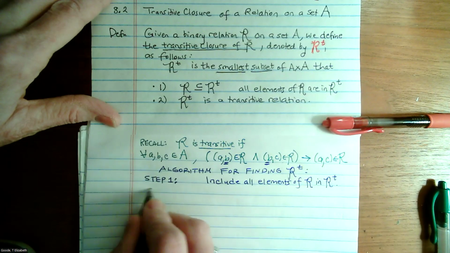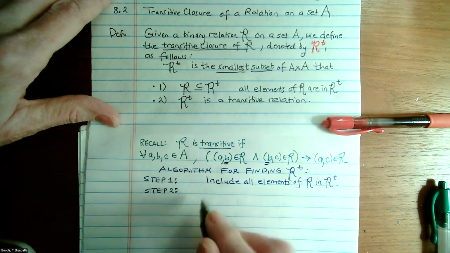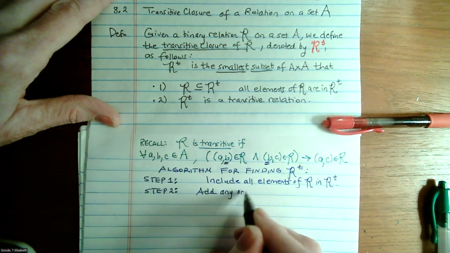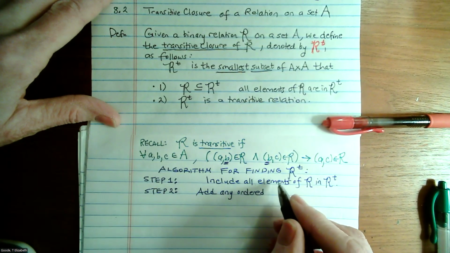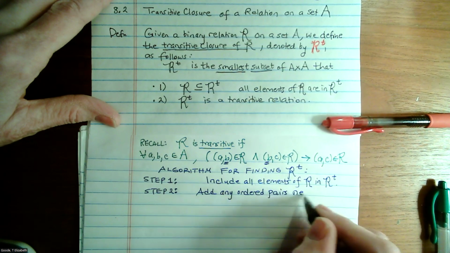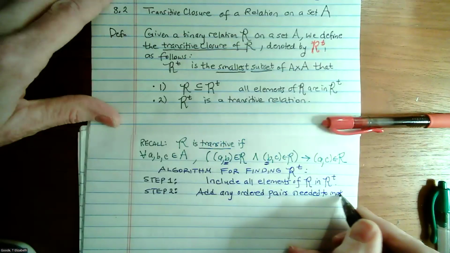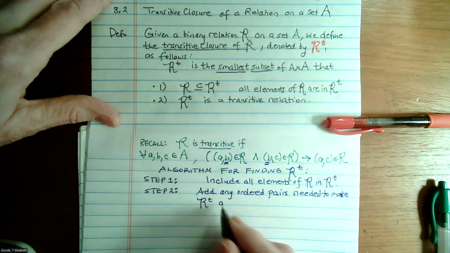And then step 2, we add any ordered pairs needed to make RT a transitive set.